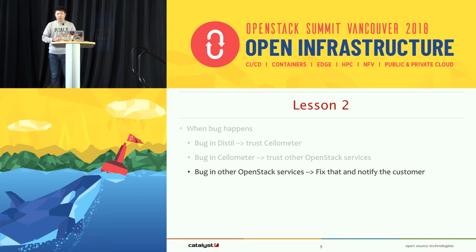If there are bugs in downstream OpenStack services like Nova, Cinder, and Neutron, the only way is to work with the community to fix the bug as soon as possible and notify the customers if needed. In Catalyst Cloud, we will also give discounts to the affected users.